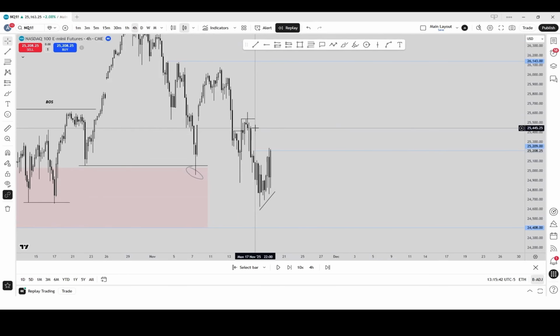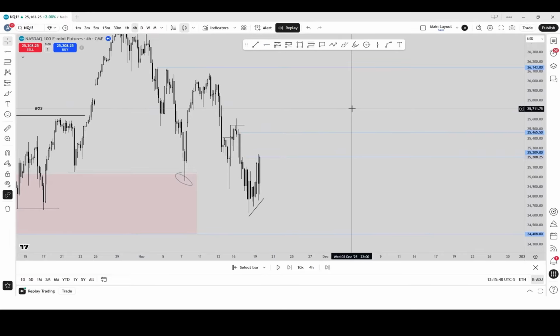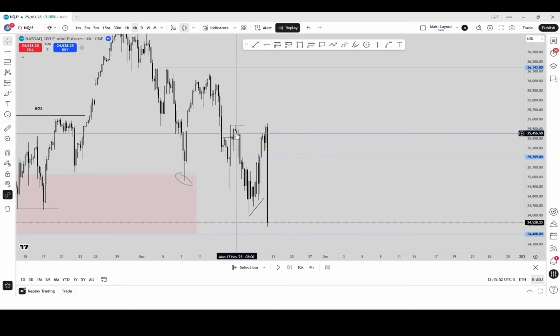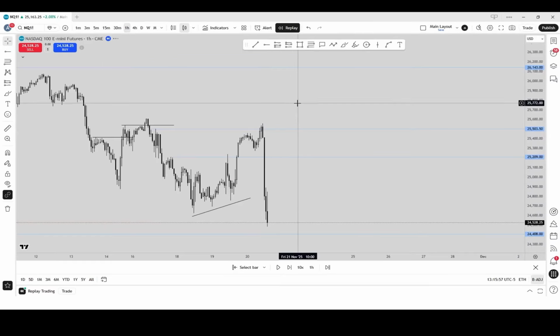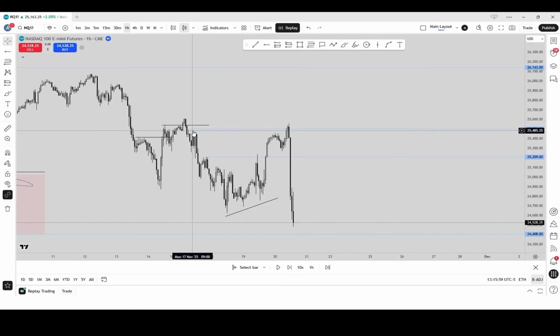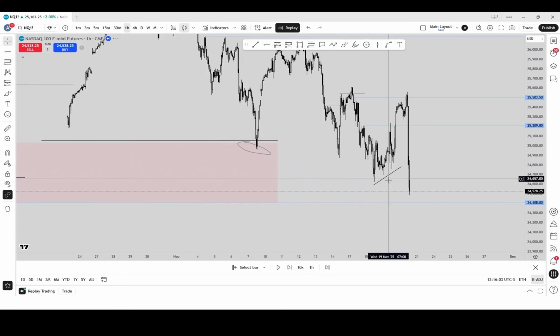So it could possibly come for an internal up here or even up there. What happens next? Price comes for all of it and then sweeps. It comes all the way to the extreme, for this last point right here, the inducement high, and then sells right off to the lows.